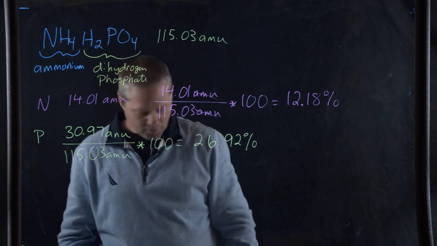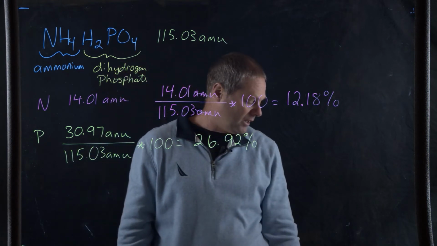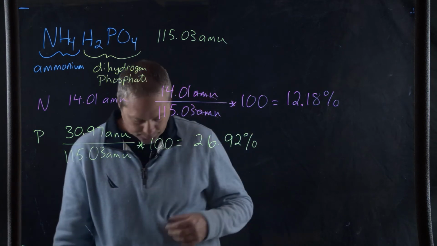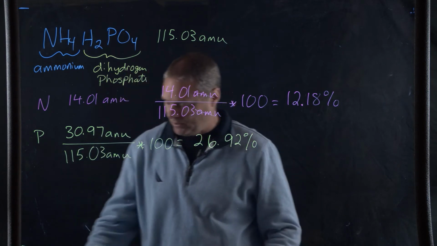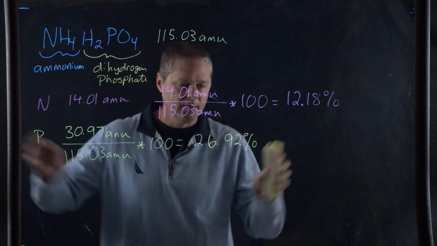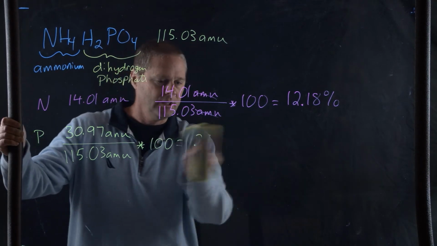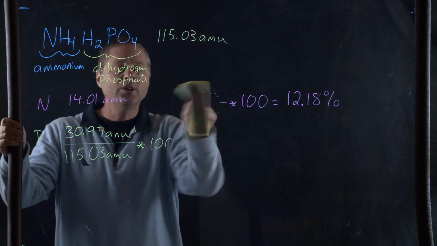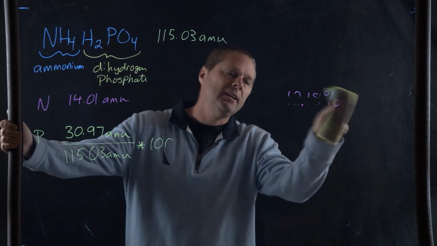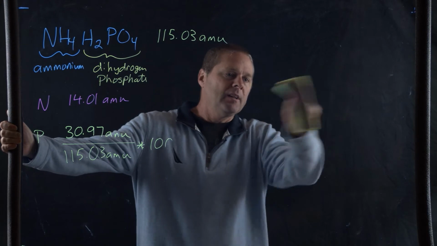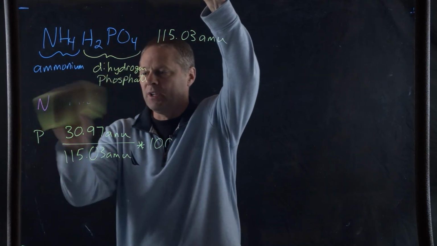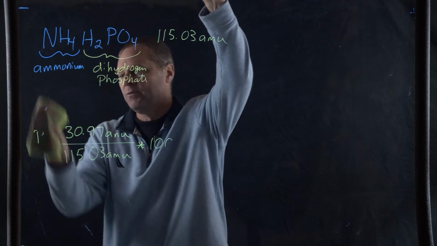Now, B wants us to find out how much ammonia is incorporated into a 100-gram sample. First thing we have to do is find the mass percent of ammonium in ammonium dihydrogen phosphate.